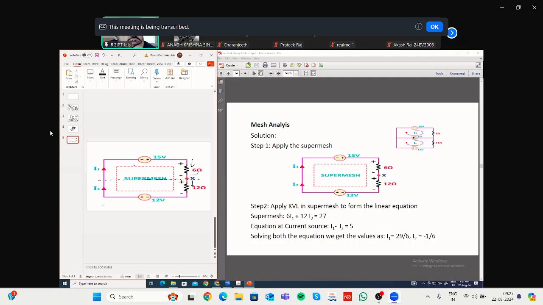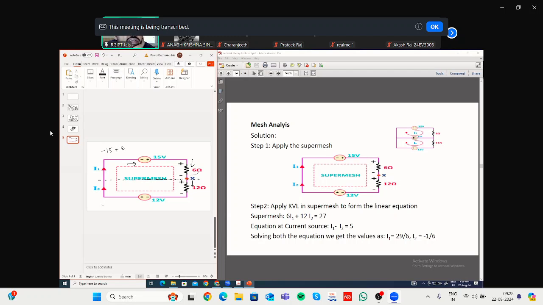So moving in clockwise direction, we are trying to write the KVL equation. You encounter the minus sign first, so minus 15 volt. Then in clockwise direction, you encounter the 6 ohm resistance and the plus sign first. So plus 6, what is the current?